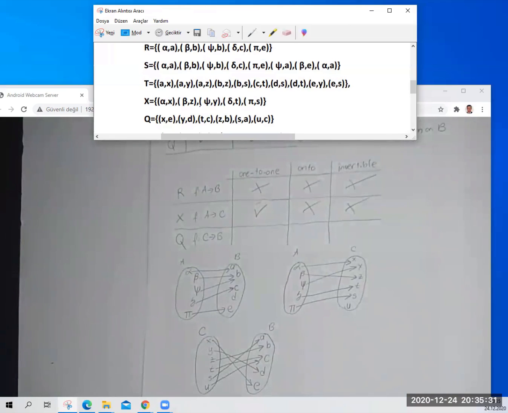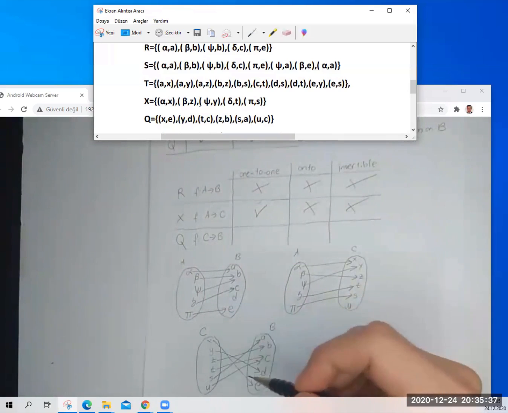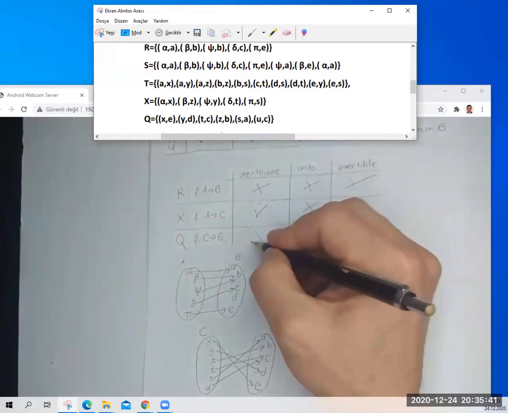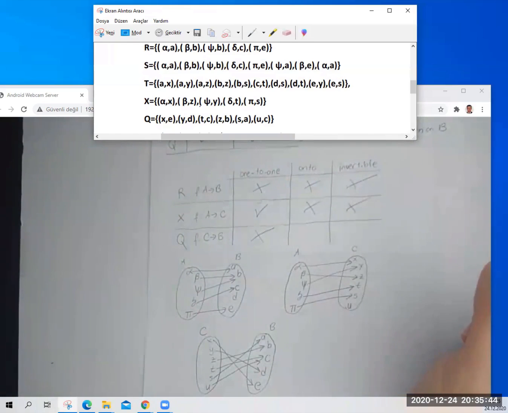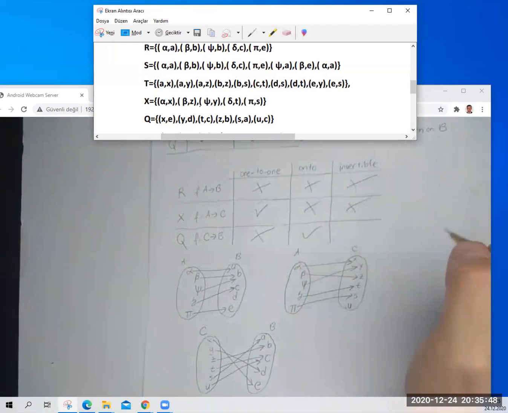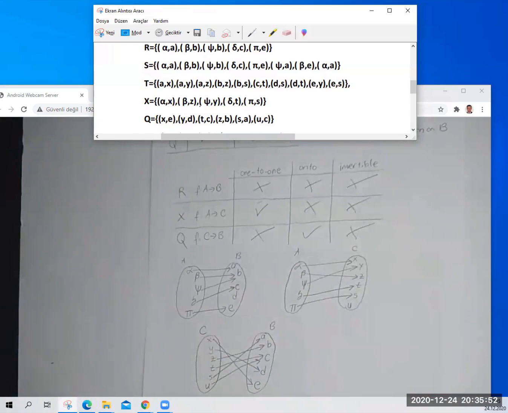Is it one-to-one? No, because T and U go to C. It is onto, covering all, and then not invertible. So this is our solution.